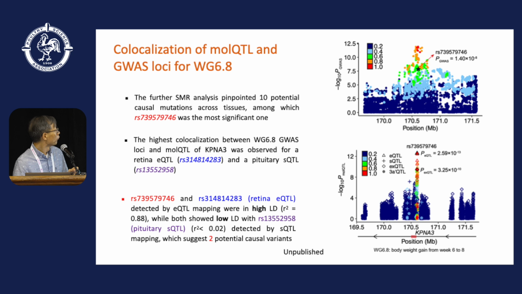Then we look at the co-localization, and we find that the retina eQTL and the pituitary splice QTL are significantly enriched. We find that these two have a high linkage disequilibrium, indicating both have the same mechanism of regulating those complex traits, versus the other one with very low linkage disequilibrium, which suggests two potential causative variants.